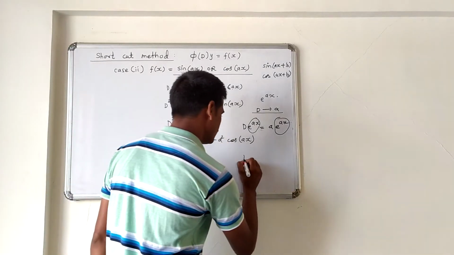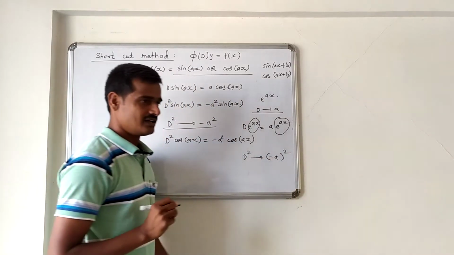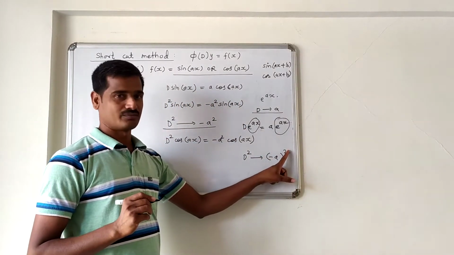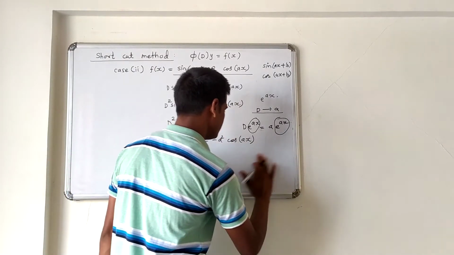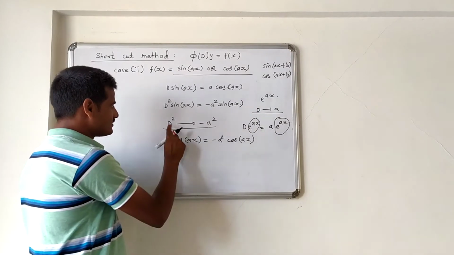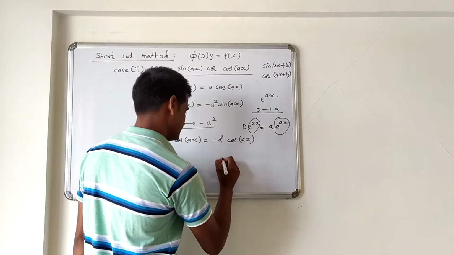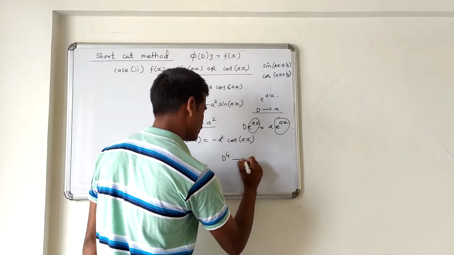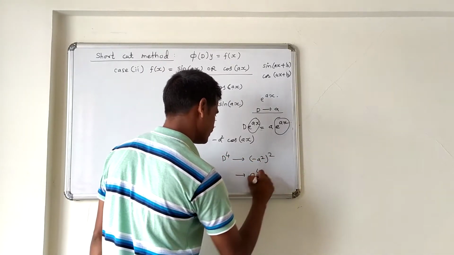Please remember that, don't write this expression in this way, minus a whole square. Otherwise it is plus a whole square. But what is our task? To replace by minus a square. So be careful. Replace D square by minus a square. Then of course D raised to 4 is replaced by minus a square whole square, that is a raised to 4.